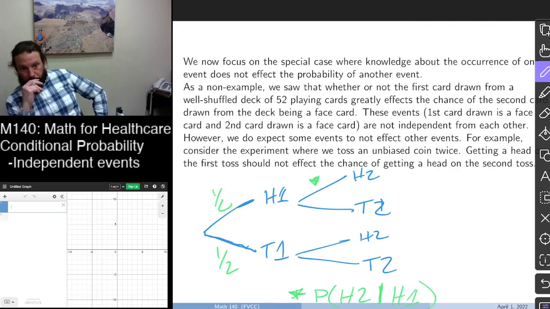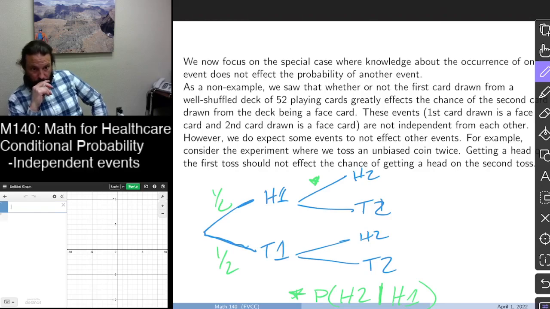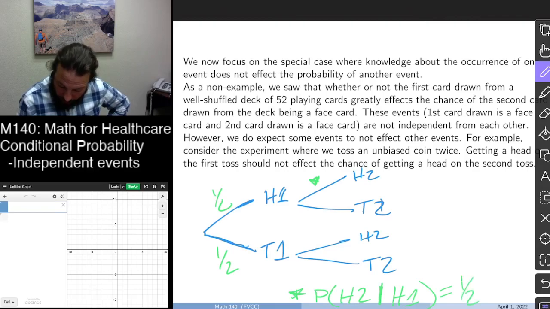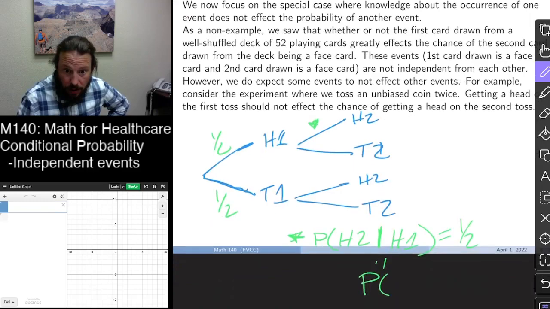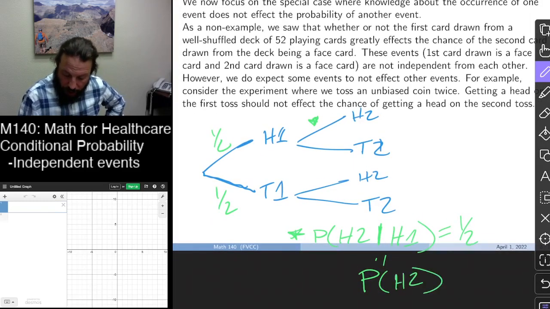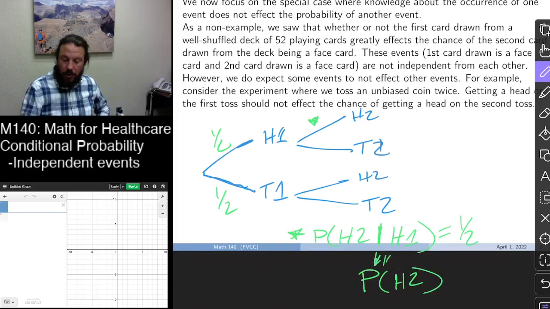Now, notice, what is this equal to? This is just equal to 1/2, or the probability that we get a head second. And so this is an example. We'd say tossing 2 coins, they're independent events.